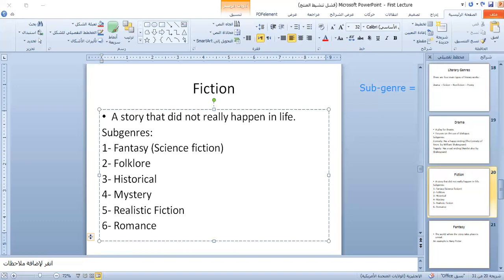A famous novel by Margaret Mitchell is Gone with the Wind. Now, the events of the novel happen in World War II. We all know that World War II happened, but the story itself and the characters are not real.